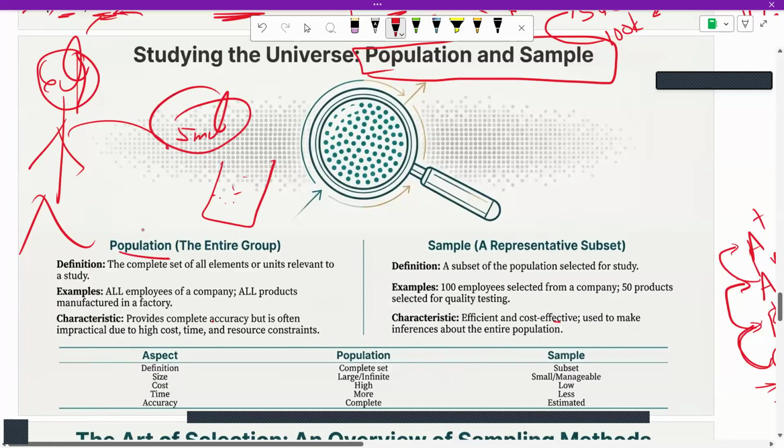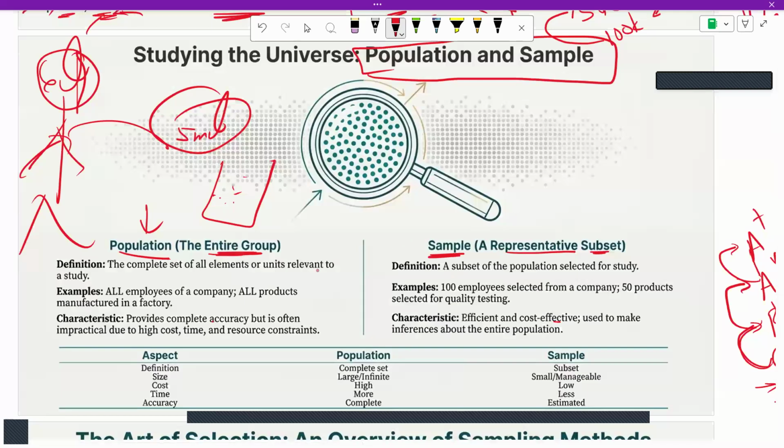So population means the entire group, right? That is all the blood in the body. Sample, this 5 ml, is a representative subset of the population.